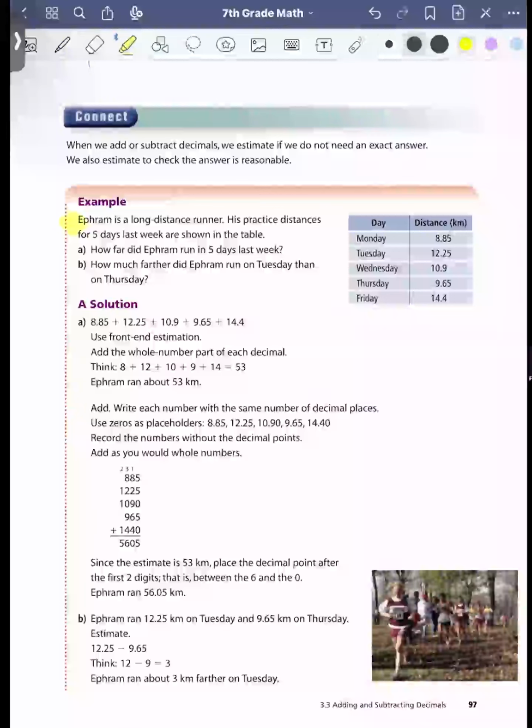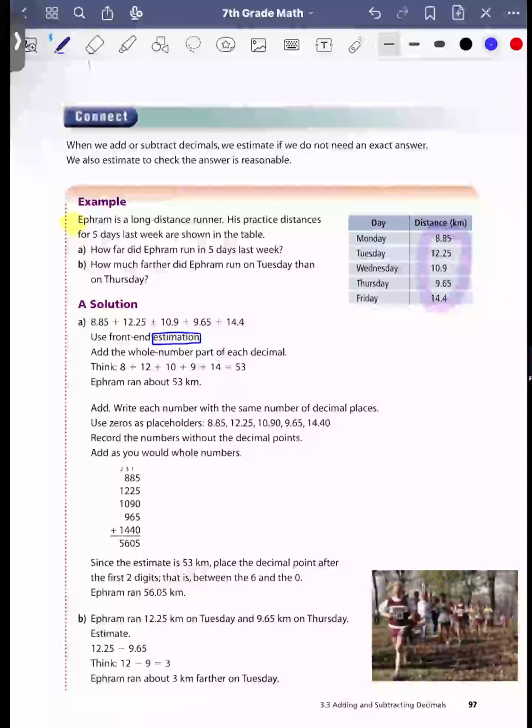So we want to sum up all these decimals to get the total distance of him running last week, right? So we can simply put it as an equation of 8.85 plus 12.25 plus 10.9 plus 9.65 plus 14.4. And then first, we're going to use an estimation.